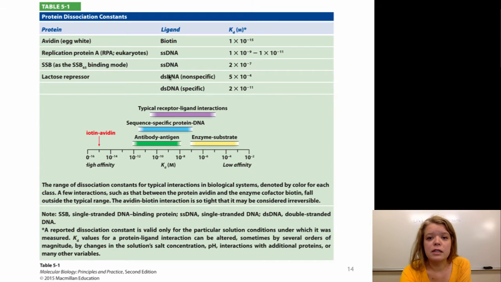So you can see that there's a many-fold difference in the interaction between the non-specific binding of the lactose repressor to DNA versus the specific binding of the lactose repressor to the very particular DNA sequence that it prefers to recognize. However, do appreciate that all proteins can bind non-specifically to other proteins. It's just very, very high Kds.